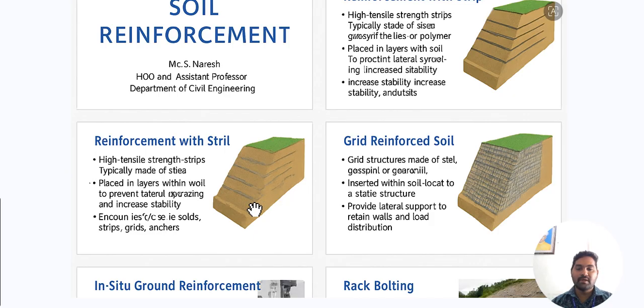Then we place one layer of soil, and then place a reinforcement strip over that soil, and then provide compaction with the help of vibrating or dynamic rollers. Then again we place one more soil layer and give compaction, and finally we place one more layer of the reinforcement strip over that existing soil. Likewise this process is repeated up to the soil surface.